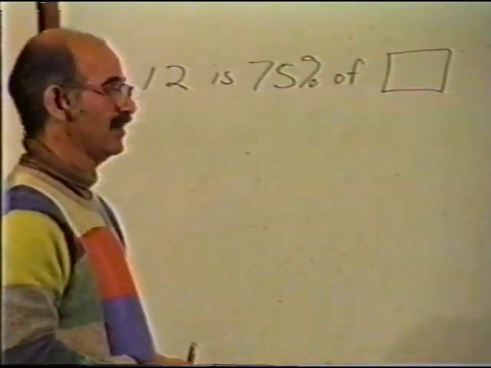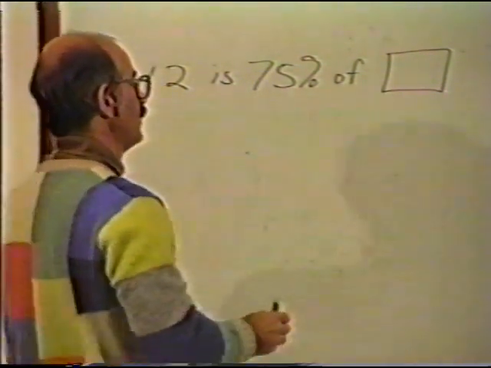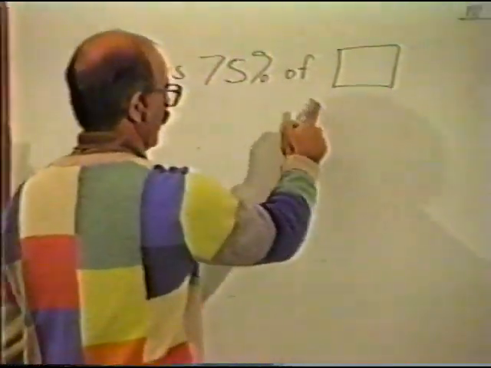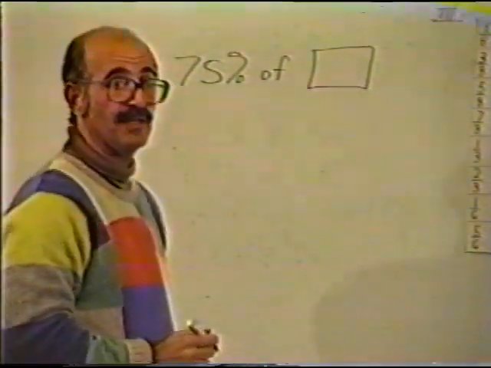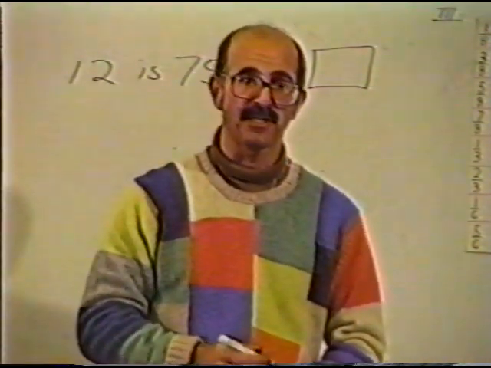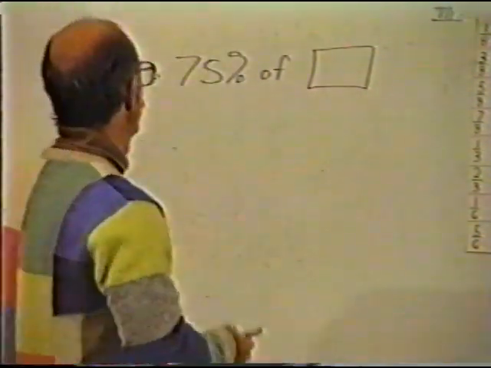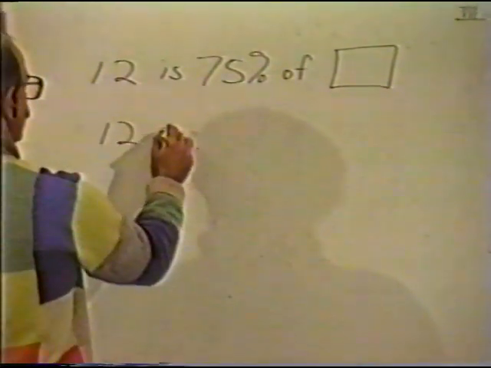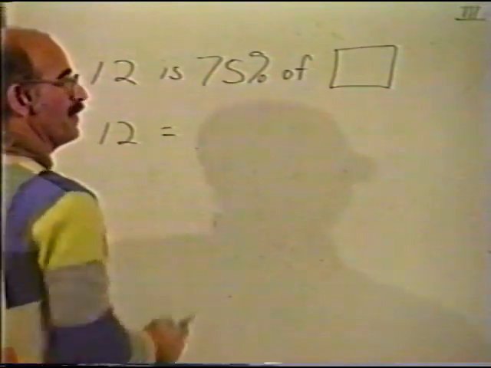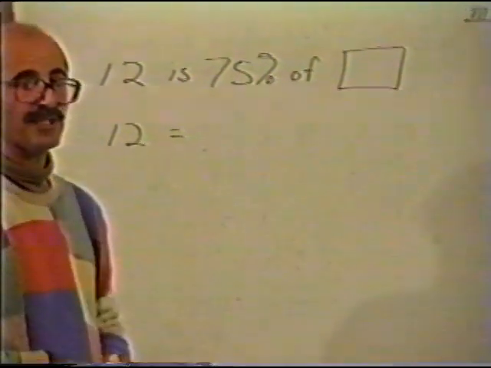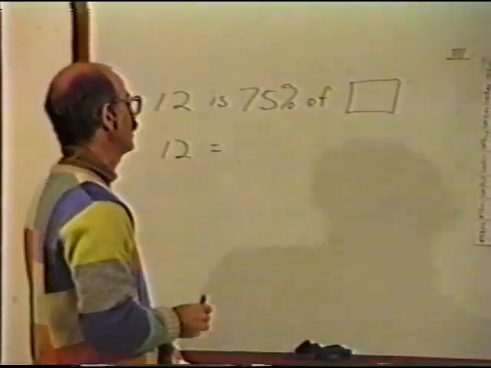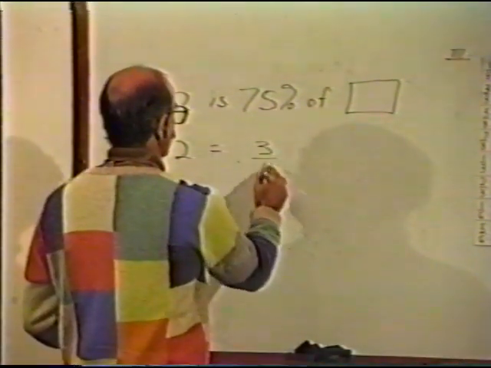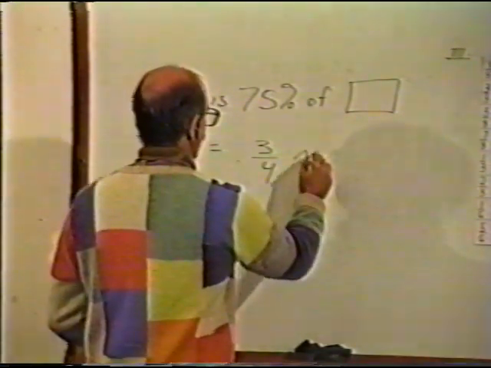Type number 3, because it is an of what problem, and you need to find out how much is the whole thing. 12 equals, 75% is what as a fraction in lowest terms? 3/4. 3/4 x.